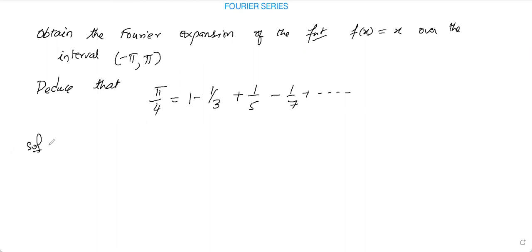Now here the function f(x) is x. Let us check whether it is an even function or an odd function.